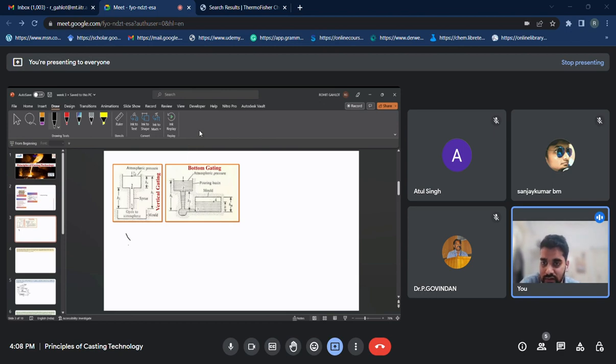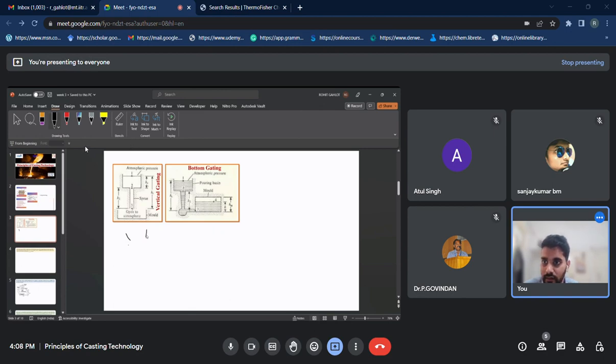Firstly, for the top gating system or the vertical gating system, we can derive the filling time of the mold by simply applying the Bernoulli equation between point 1 and 3. I'm assuming that everyone has watched the videos of week 2, week 3, and week 4, and has the basic knowledge of what the sprue and the mold are.